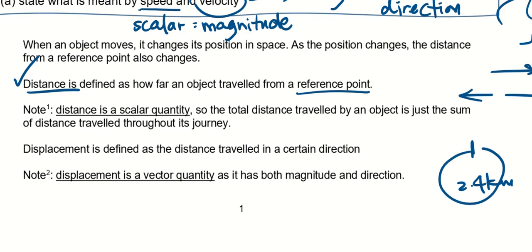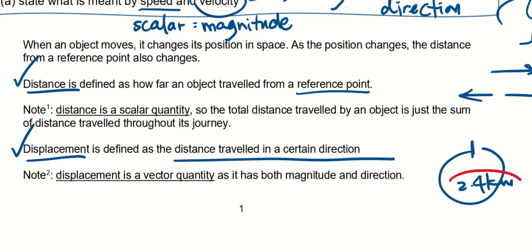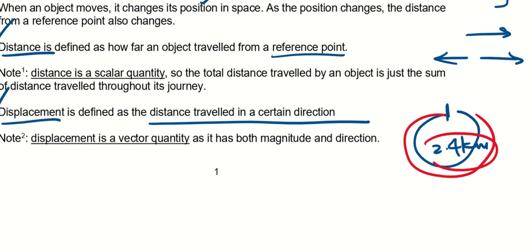But displacement is different. This is also a definition you need to memorize. It is defined as the distance traveled in a certain direction. So taking our 2.4 again, you make one round, it's 2.4, but you ended up at the same place. That means your displacement is 0.